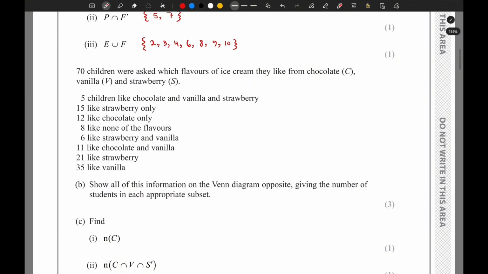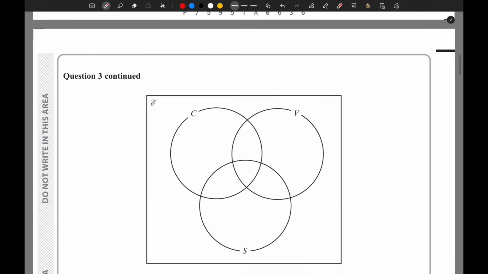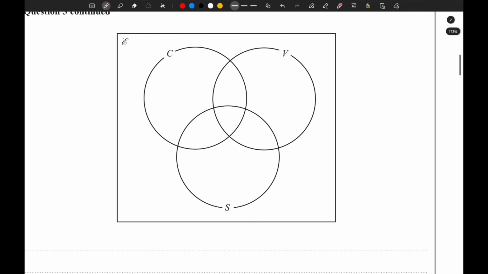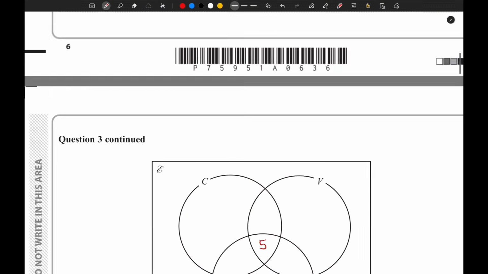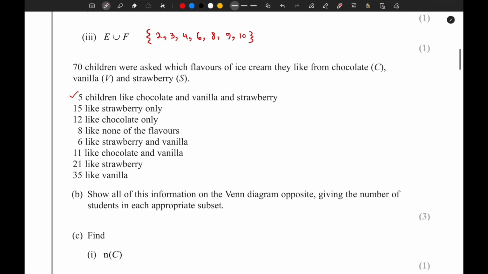70 children were asked which flavors of ice cream they like from chocolate, vanilla, and strawberry. So C, V, and S. 5 children like all of the ice creams. Now we need to complete the Venn diagram, so we use this information.